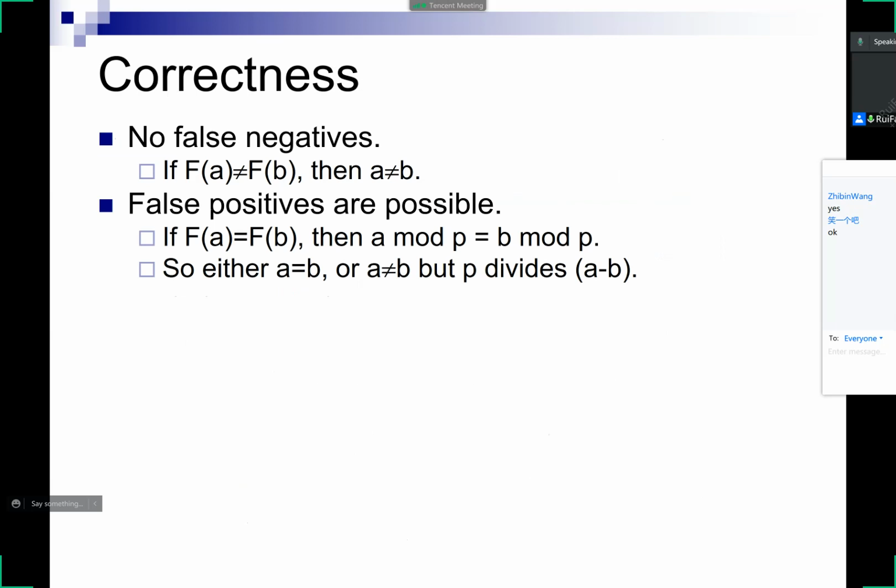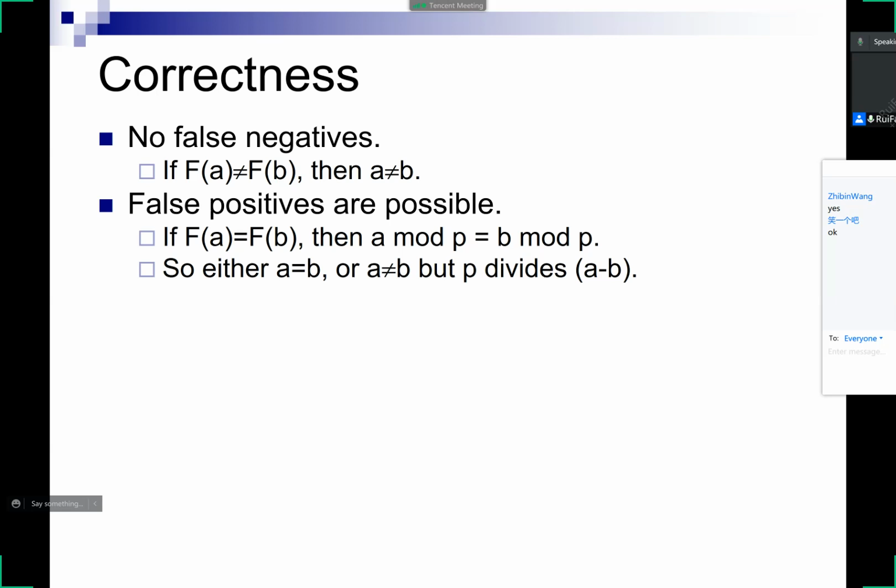Meaning that if you have two strings which are equal to each other, then this algorithm definitely will say they're equal to each other. However, it is possible to have false positives, meaning that you have two strings which are not equal to each other, but this algorithm says that they are equal.